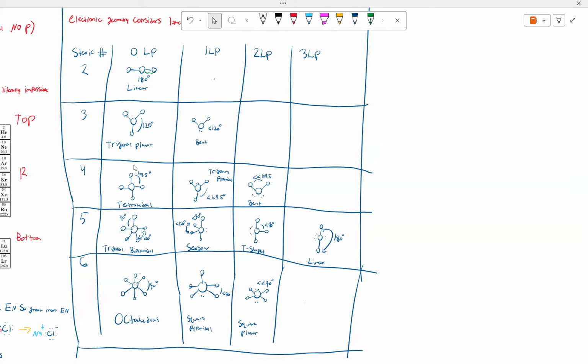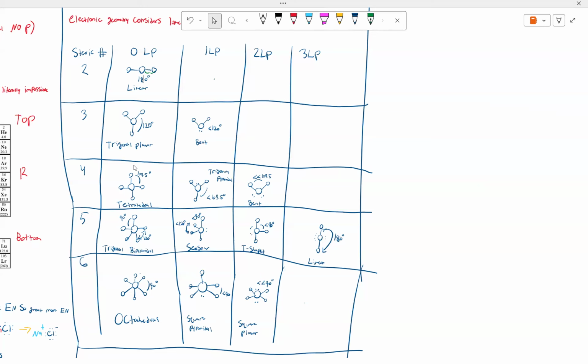It's not avoiding anything, and it has a difference of 120 degrees. Bent: because the electrons are not in a bond, they're typically located centrally on that central atom, so it'll have a bond angle less than 120 degrees. It's because it's more repulsive than if it were in a bonded pair.